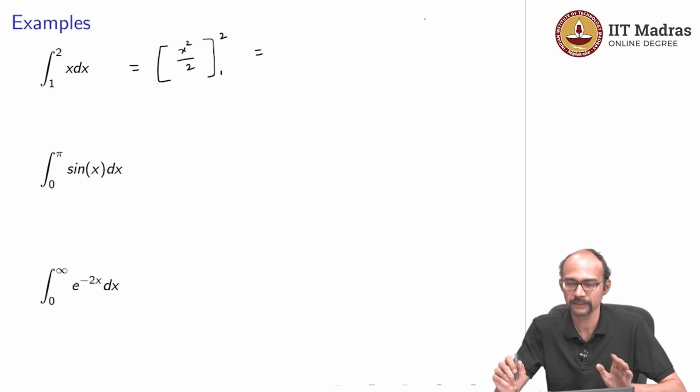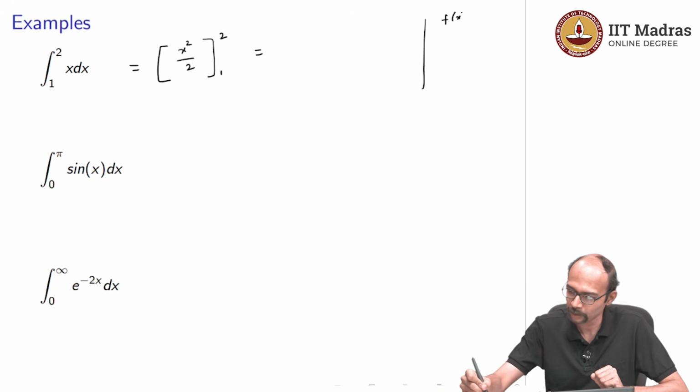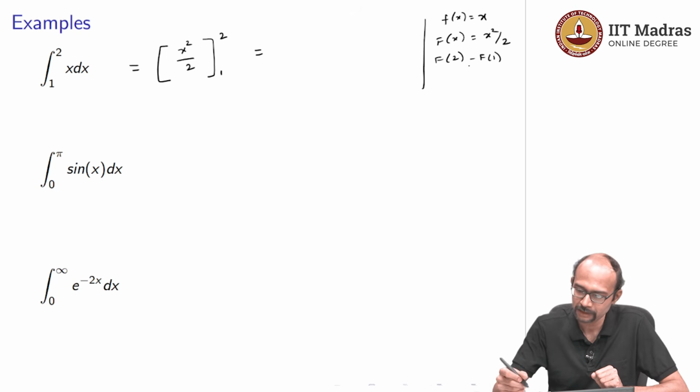This is just notation. If you want to follow what we are doing, what we are saying is f of x is x, capital F of x is x squared by 2. I should evaluate F of 2 and subtract out F of 1, and that will be my answer, right. So, instead of writing these separate steps, this is how it is typically written down.